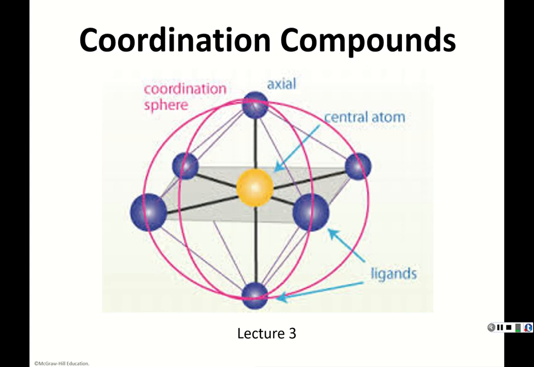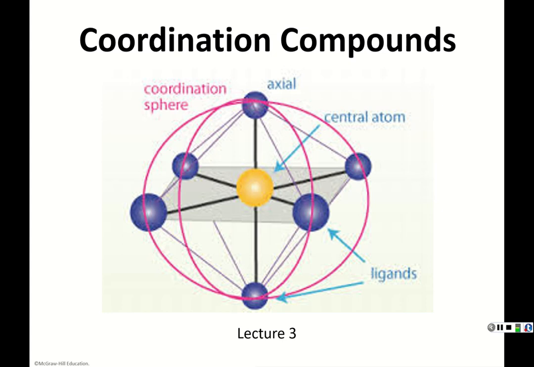And so in solution, they stay together, unlike ionic compounds where you have a positively charged metal and a negatively charged nonmetal, and you put them in solution and they kind of fall apart. These stay together in solution.